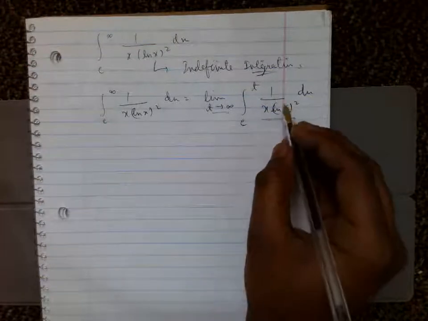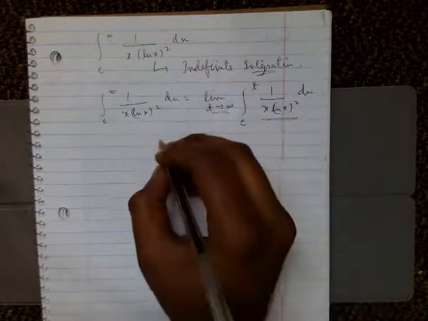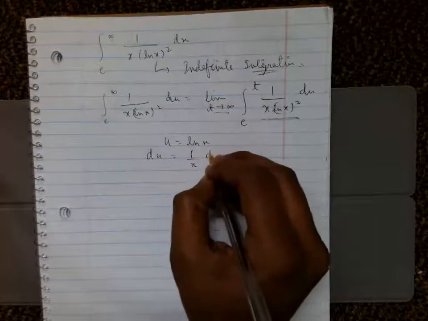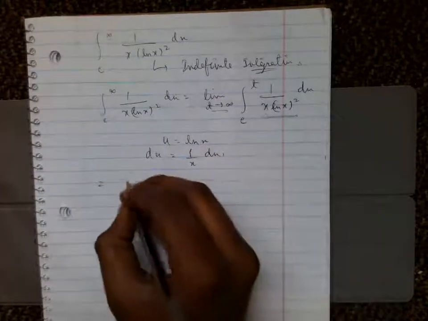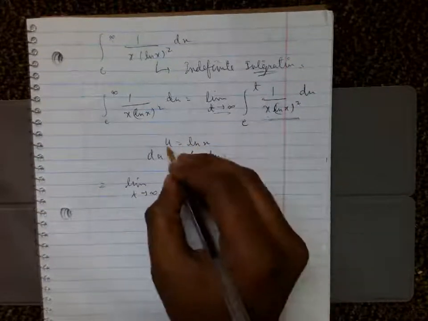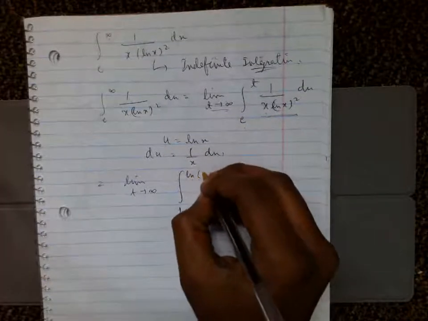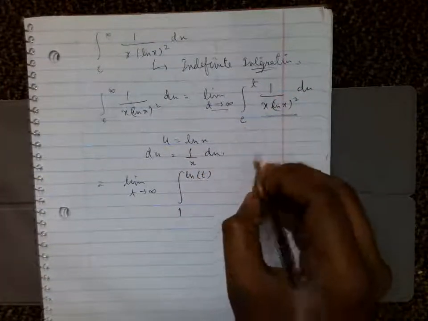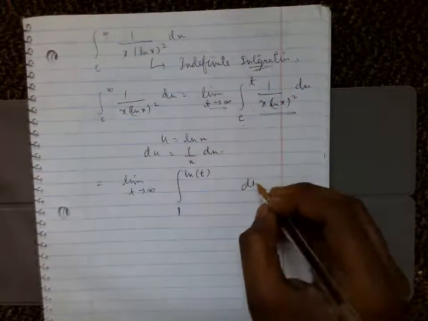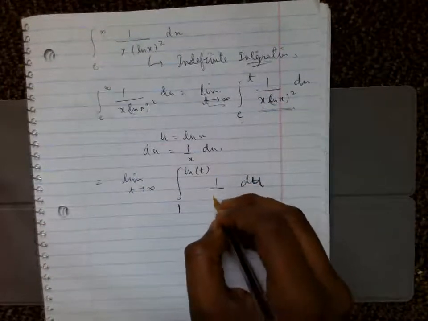And so how do we integrate this function? Well, since the derivative of log x is 1 by x which appears in this, we'll take u is equal to log x, so du is 1 by x dx. So therefore this integration becomes limit t tends to infinity, and now I'll change the integration limits. u1 is log of e, which is 1, and this is log of t, and dx by x becomes du, and 1 by log x whole square becomes 1 by u squared.